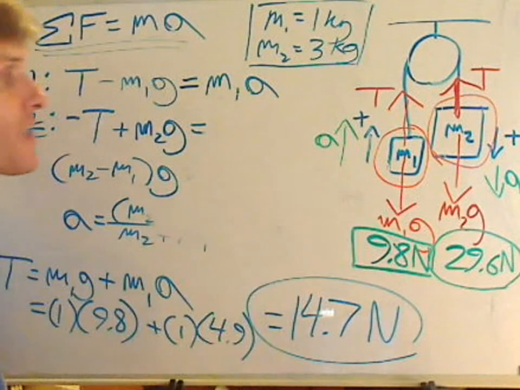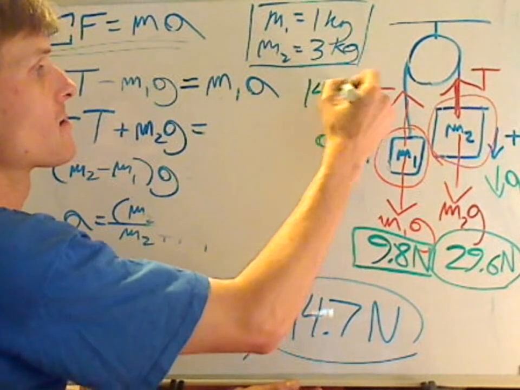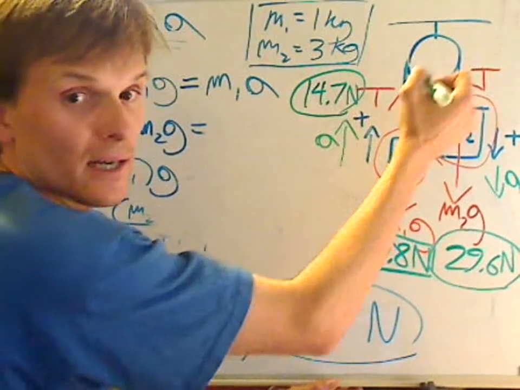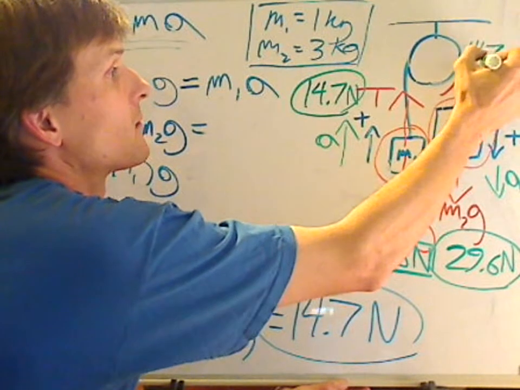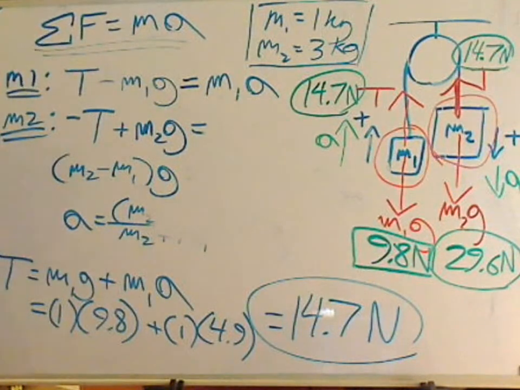And we just found out the tension is 14.7 newtons. I'll write it over here as well, 14.7 newtons. Okay? So if we look at these, this kind of makes sense.